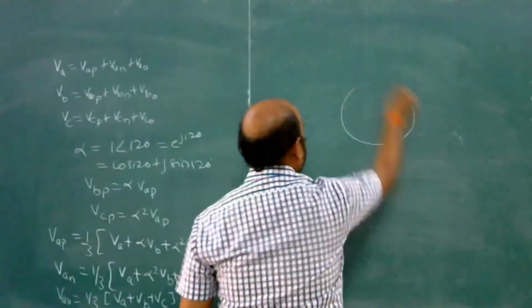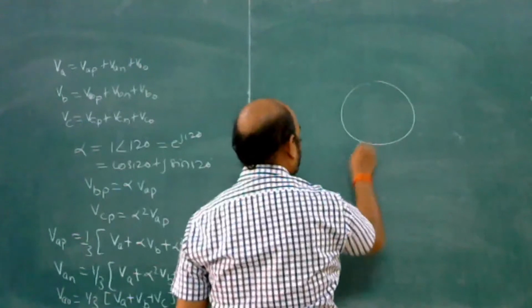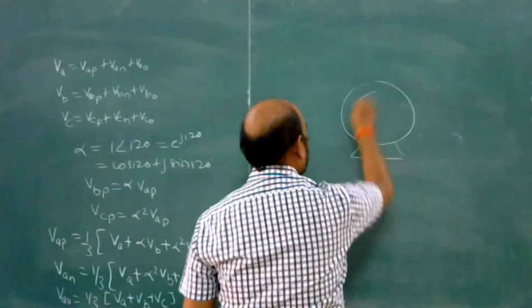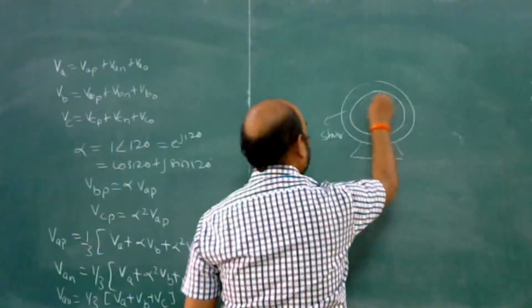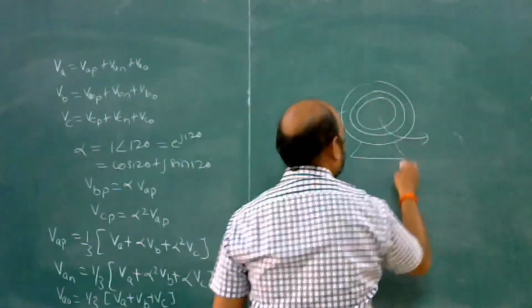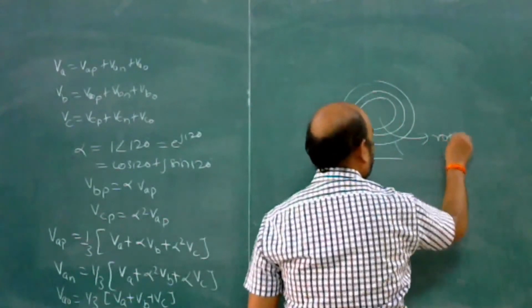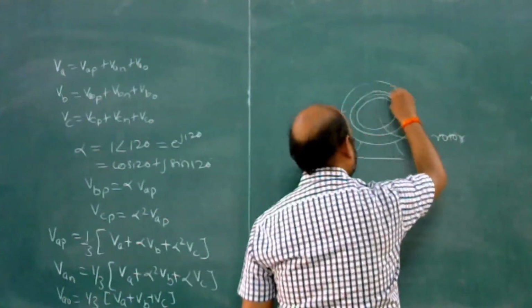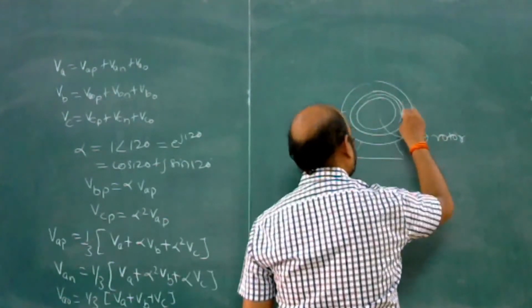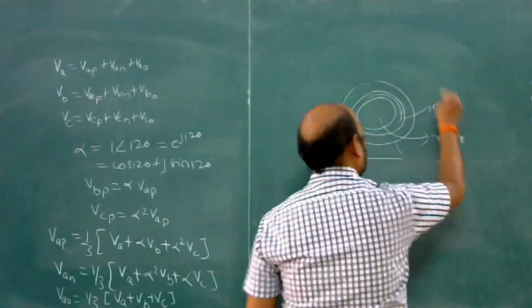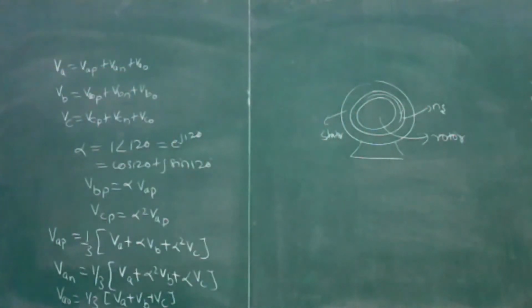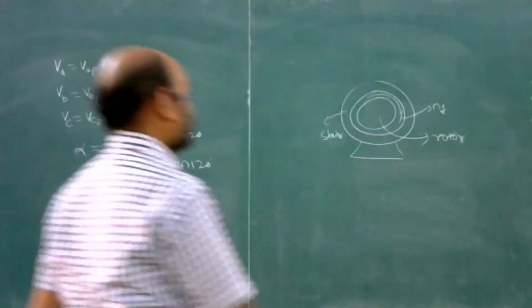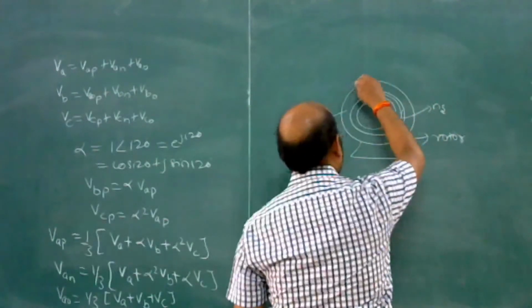So this is the induction motor. This is the stator, and this is the rotor. We are assuming the air gap flux is revolving with the speed NS, okay, in this direction.